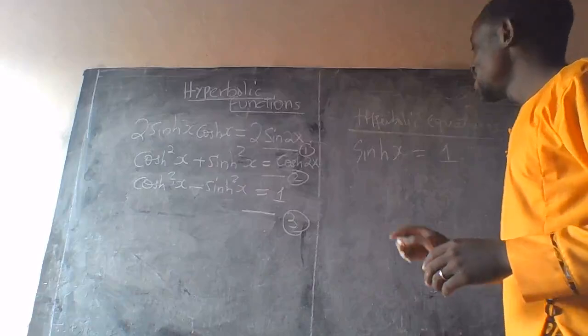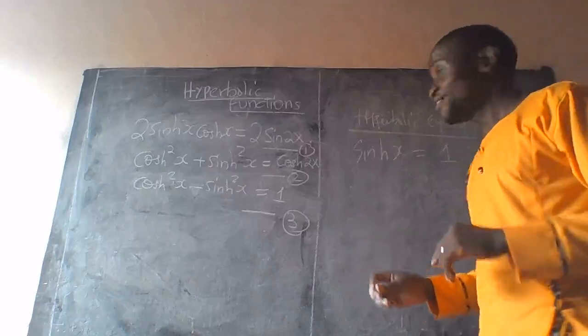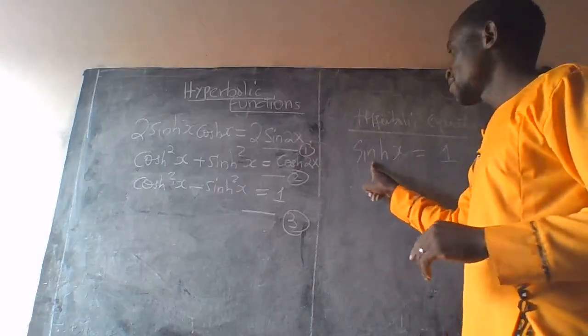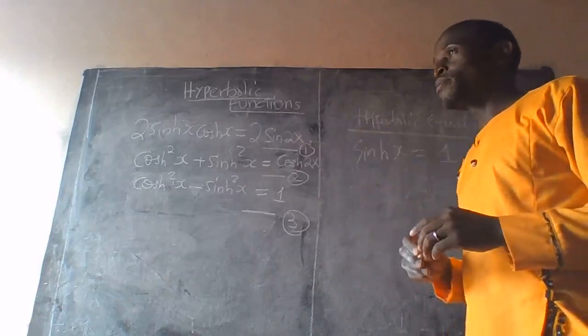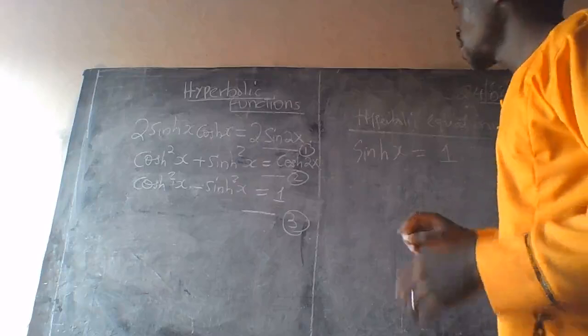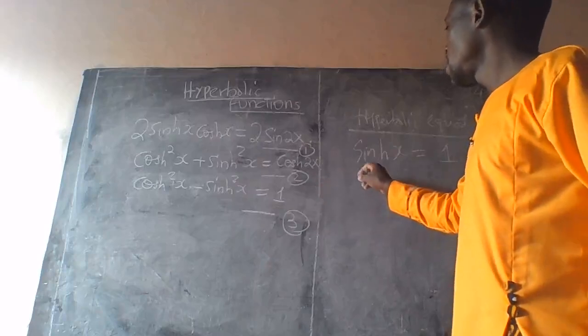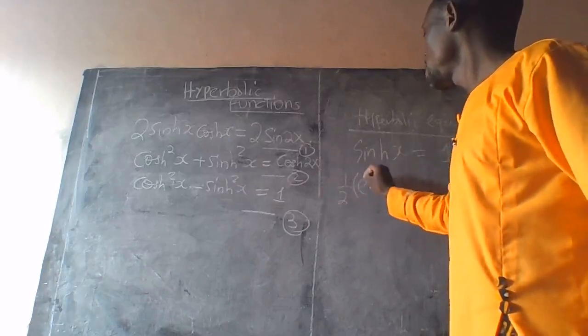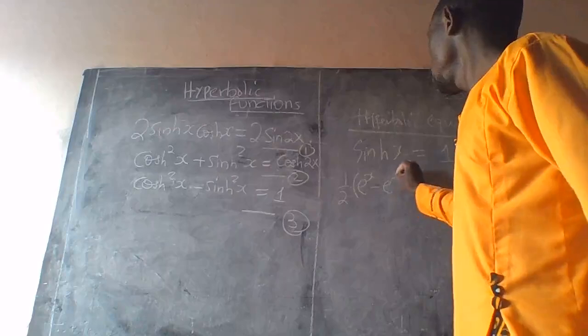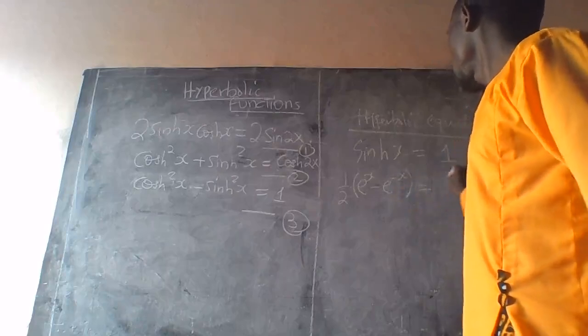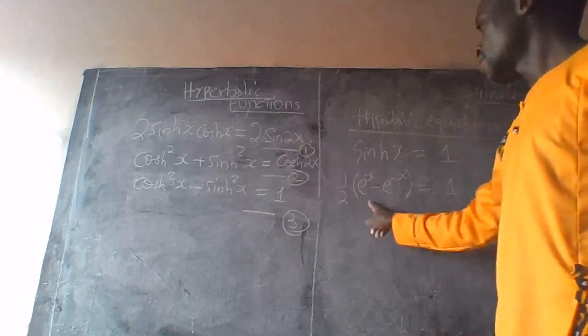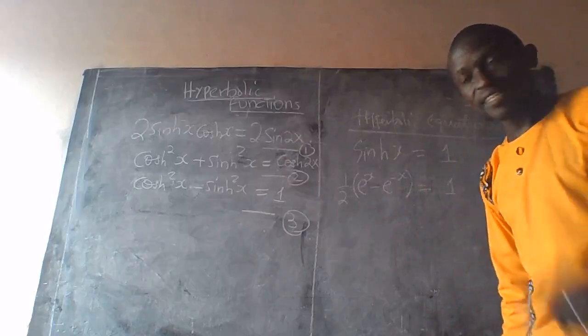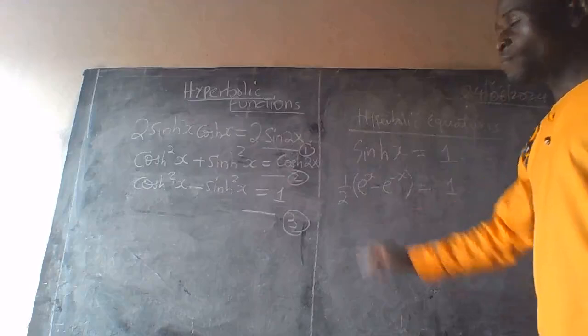What we will do is simply what they have said. We are going to replace sinh x with what it means in equations. So what it means in full is a half (e^x minus e^(-x)) equal to 1. That is what it means.